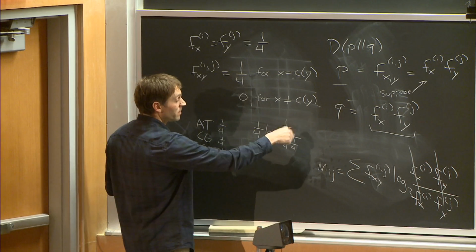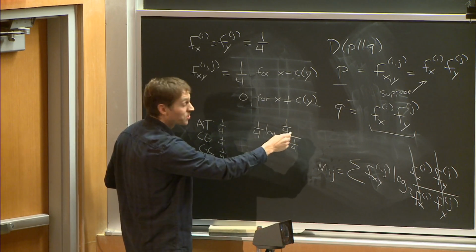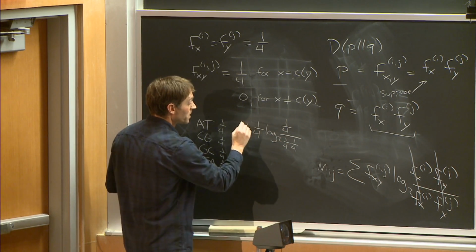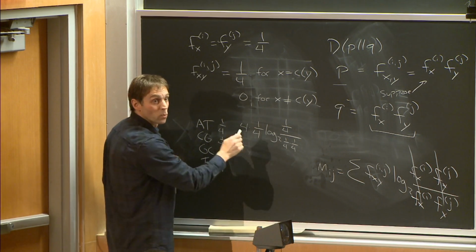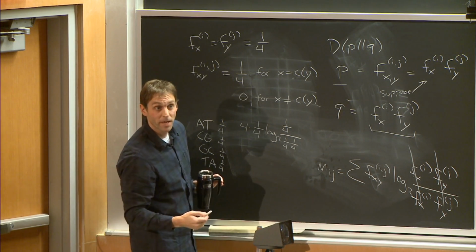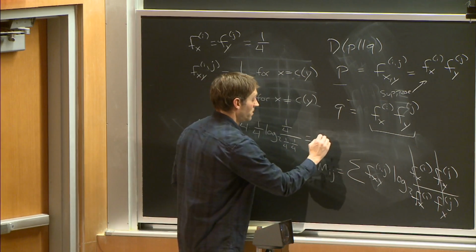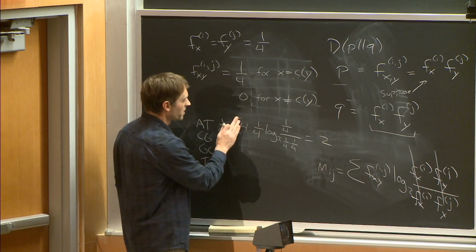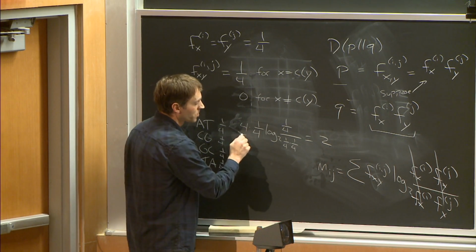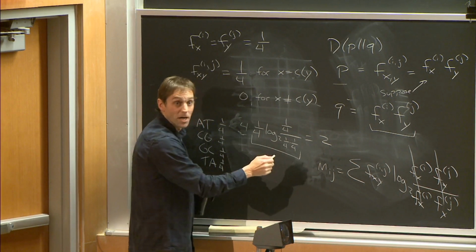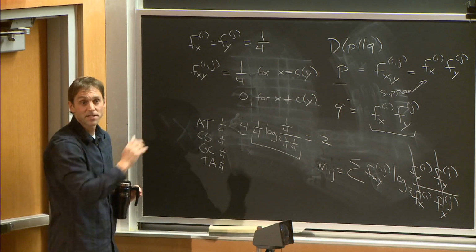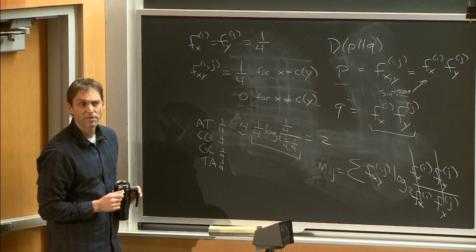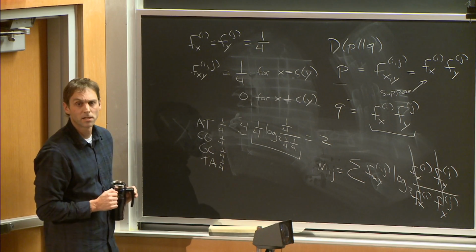So this will be 4, and log base 2 of 4 is 2, and so you have 4 terms that are each 1/4 times 2, and so you'll get 2. These are the individual non-zero terms in that sum. Does that make sense? Everyone get this?